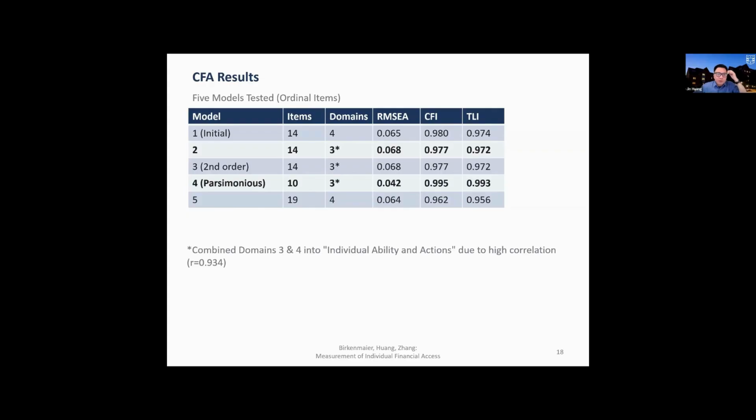And model 5 tests all 19 items we have in this round of data collection. Well, the model still worked. It was statistically with more noise and less efficient compared to model 4 with the refined 10-item model.